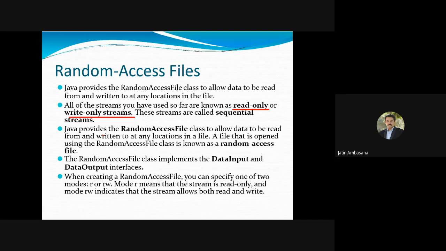But random access files are different from these sequential streams, because those read in a sequence, whereas random access files work randomly. It does not follow this sequential stream. Java provides this class to allow data to be read from and written to at any location.